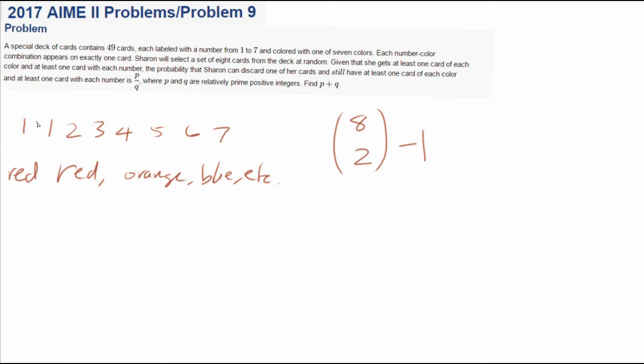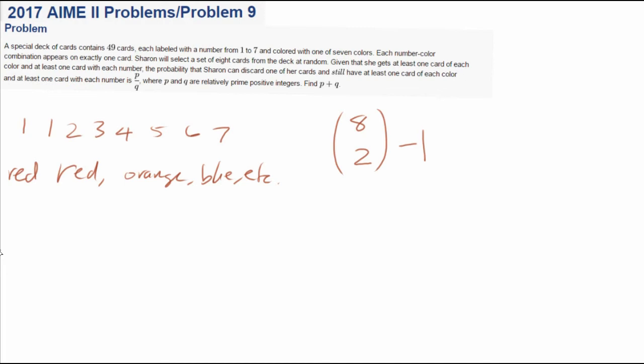So the probability that Sharon can discard one of her cards and still have at least one card of each color and one card of each number is only possible if the red is assigned to the 1, because then she can discard that one, the red number 1 card, and still have these numbers and these colors. So red has to be assigned to the number 1. So how many ways can that happen?